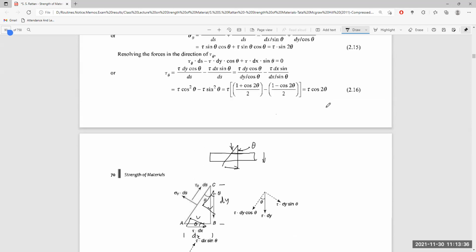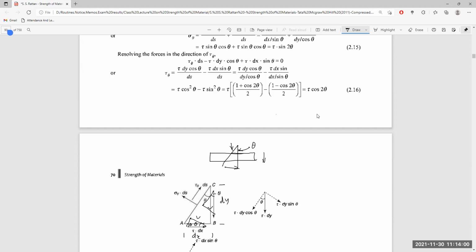The positive one is tau dx sin theta. Yes, so tau dy cos theta plus tau dx sin theta is equal to 0.